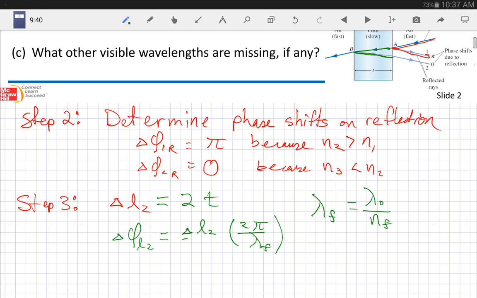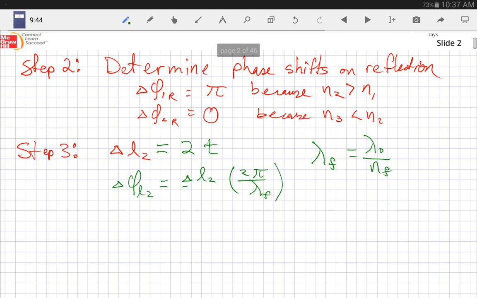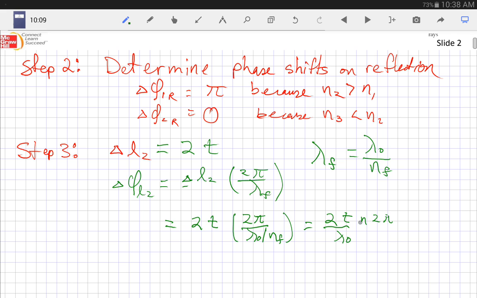So substituting in this wavelength, the change in phase for the difference in path length is going to be 2 times the thickness times 2 pi divided by the wavelength in air over n of the film, or more simply, 2 thickness n times 2 pi over wavelength in air.